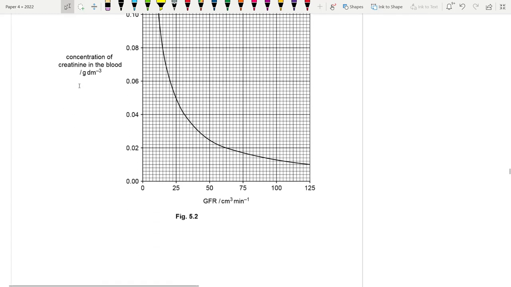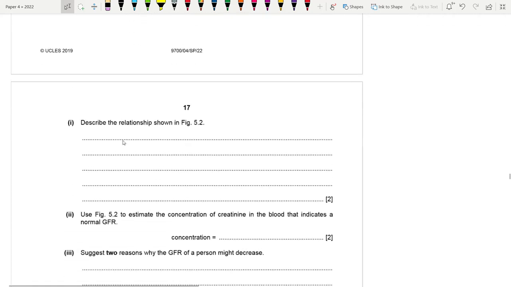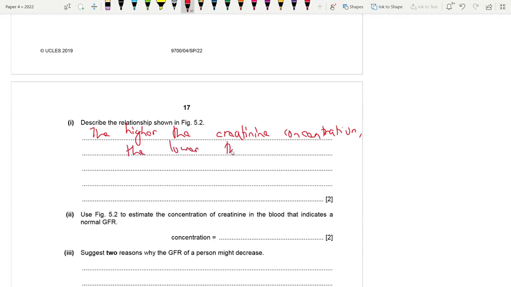So the greater the GFR, right, the lower the concentration of creatinine. Inversely proportional. So the higher the creatinine concentration, the lower the GFR.